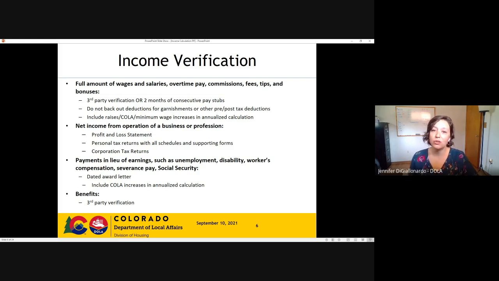For payments in lieu of earnings, such as unemployment, disability, Social Security, severance pay, we are going to want a dated award letter.